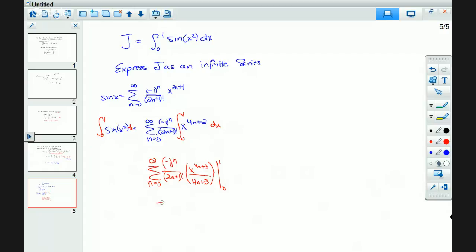So all we really end up with is this. Kind of funky, it got rid of the variable there. Wouldn't that be negative though? Should be, because it'd be 1 over that minus the 0. So there's your series for J.